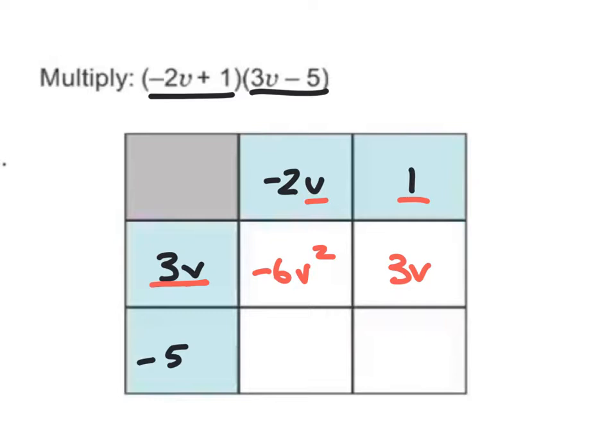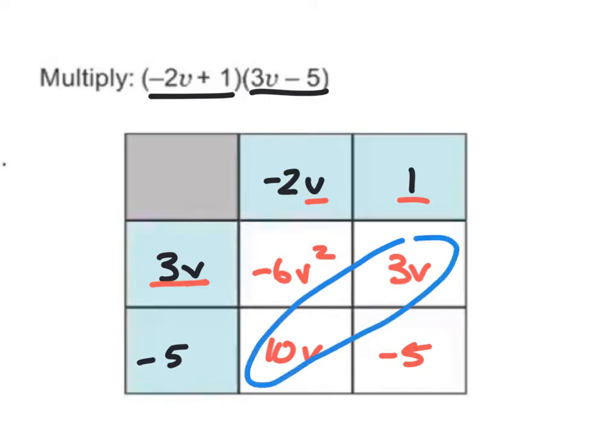On the next one, let's multiply negative 5 by everything. So I'm going to take negative 5 times negative 2v. Negative 5 times negative 2 is going to give me positive 10, and then v. And then we're going to do negative 5 times 1, which gives me negative 5. Now I want to combine my like terms, and those like terms are going to go in these boxes here.